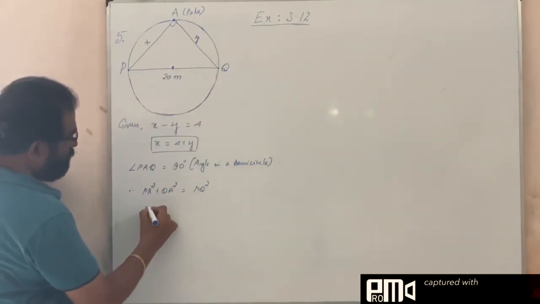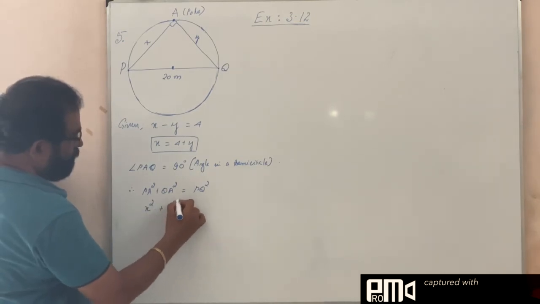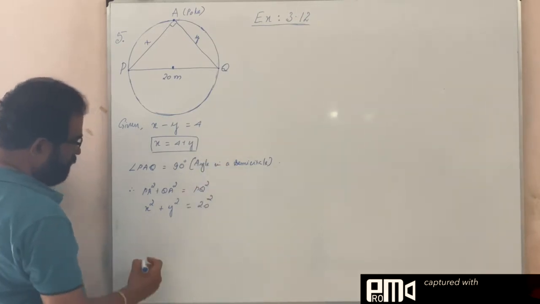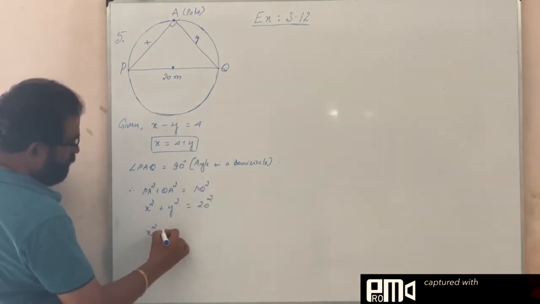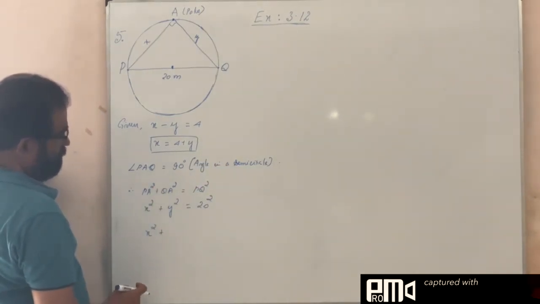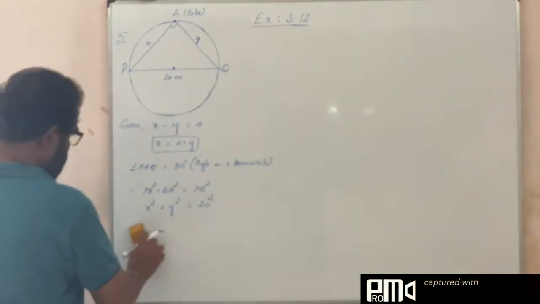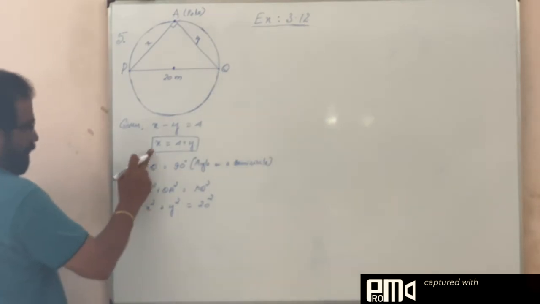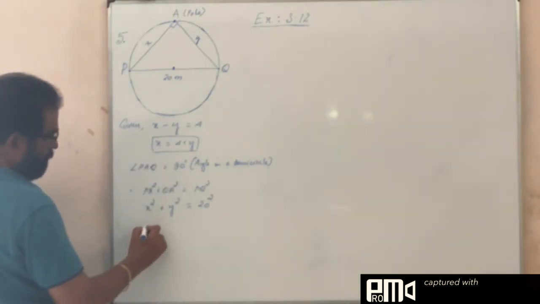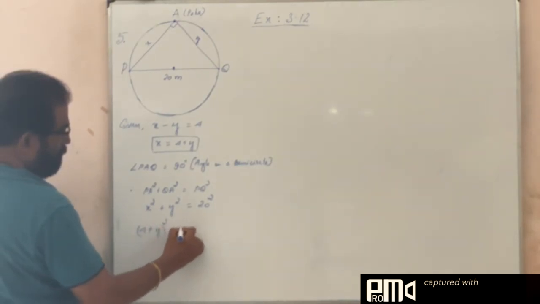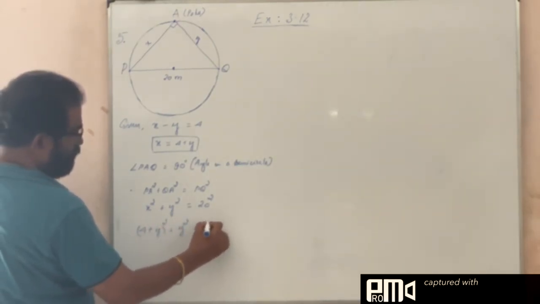PA square is x square, plus y square is equal to 20 square. So x square plus y square; for this x you can now substitute 4 plus y. 4 plus y the whole square plus y square is equal to 400.